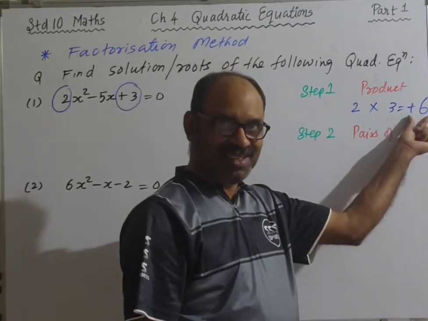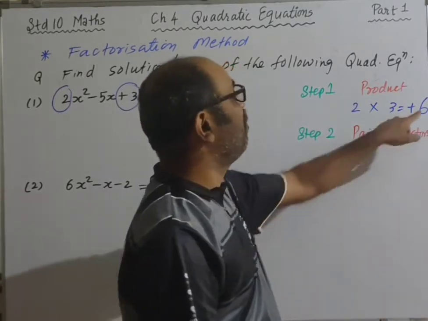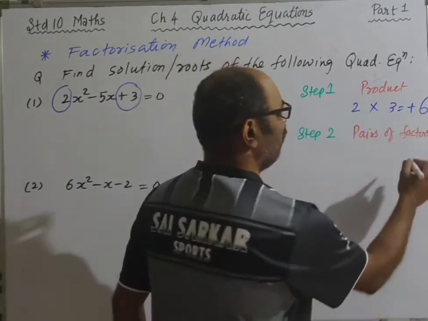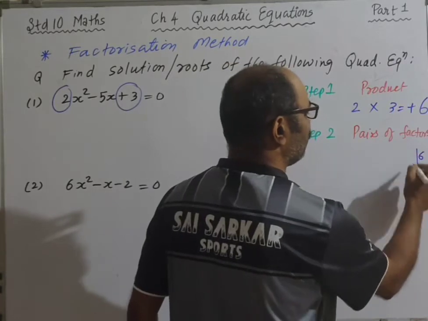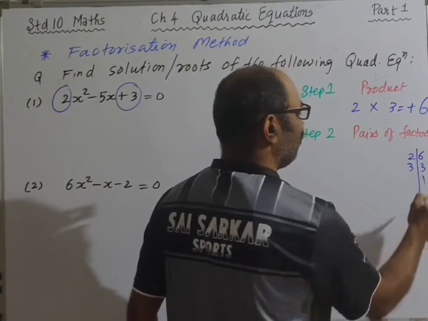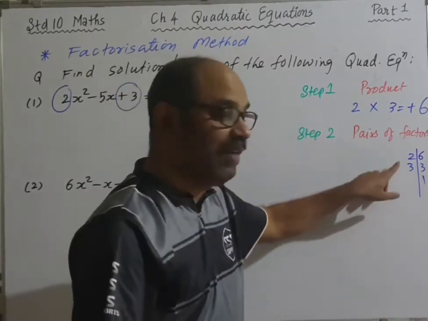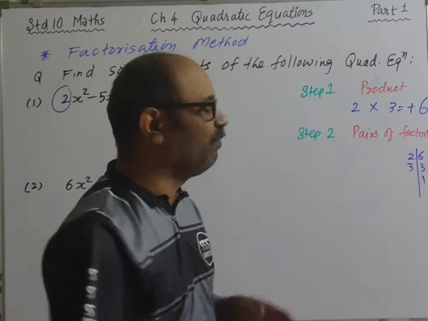Product is plus 6. All right, now you have to obtain pairs of factors of this 6, and for that you find the prime factors first. 2 3s are 6. Now I am going to write the pairs of factors. We got the prime factors, but I need pairs of factors.